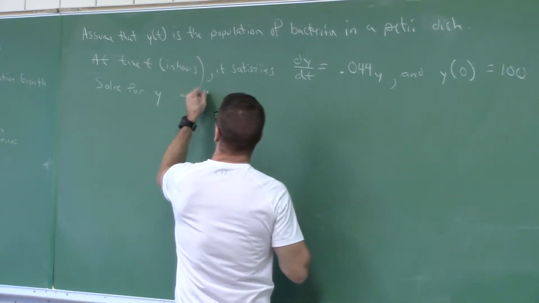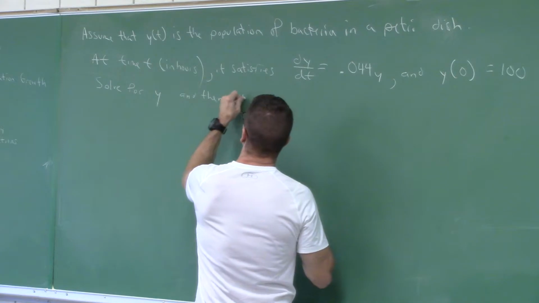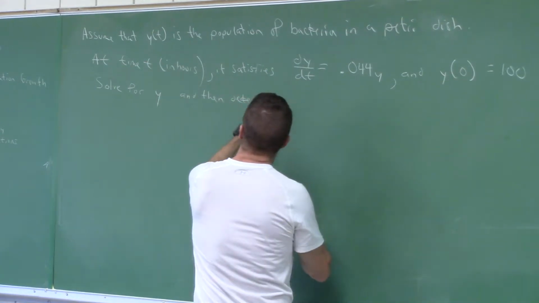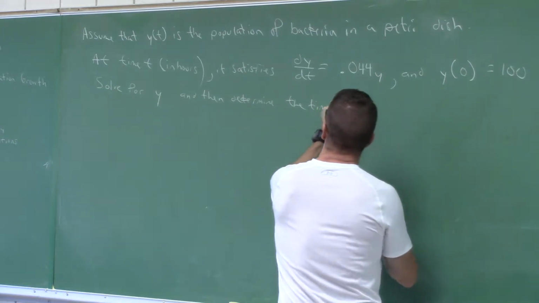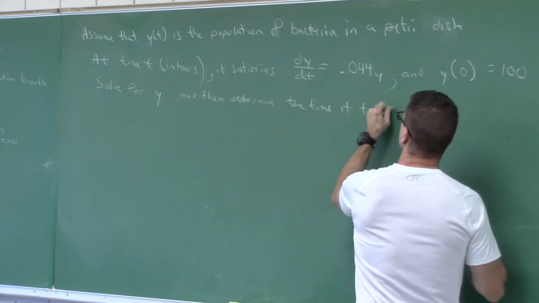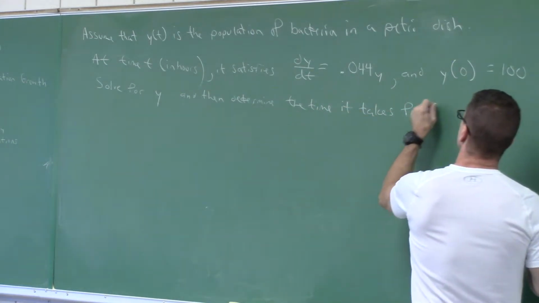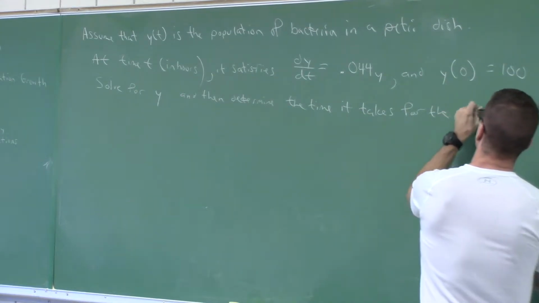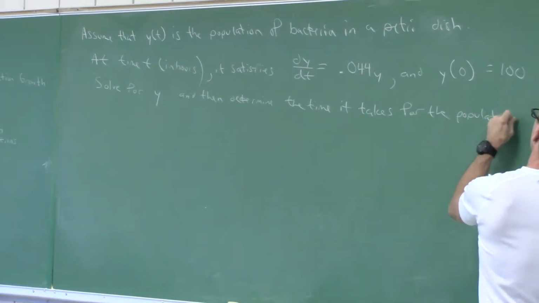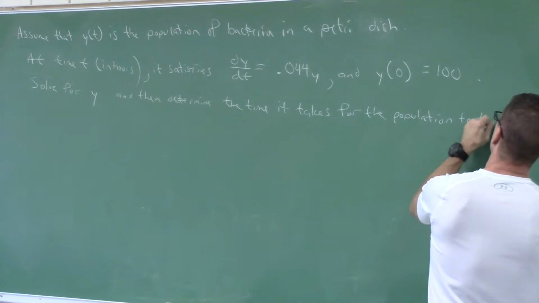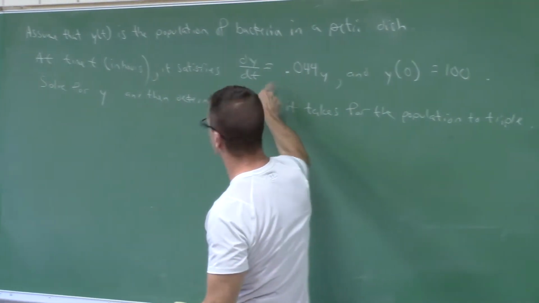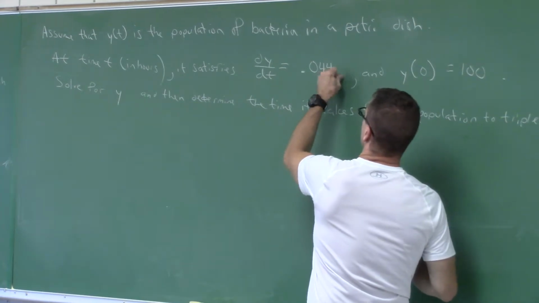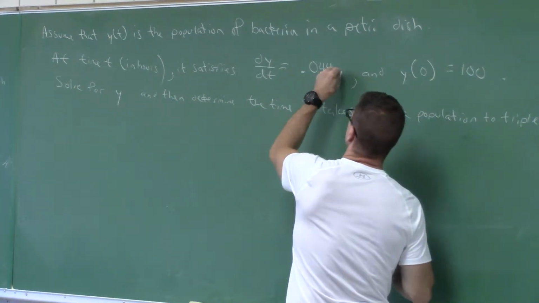And then after you do that, determine the time it takes, and that'll be in hours, for the population to triple. Okay. Well, it's all about that, and doing separable equations, right?